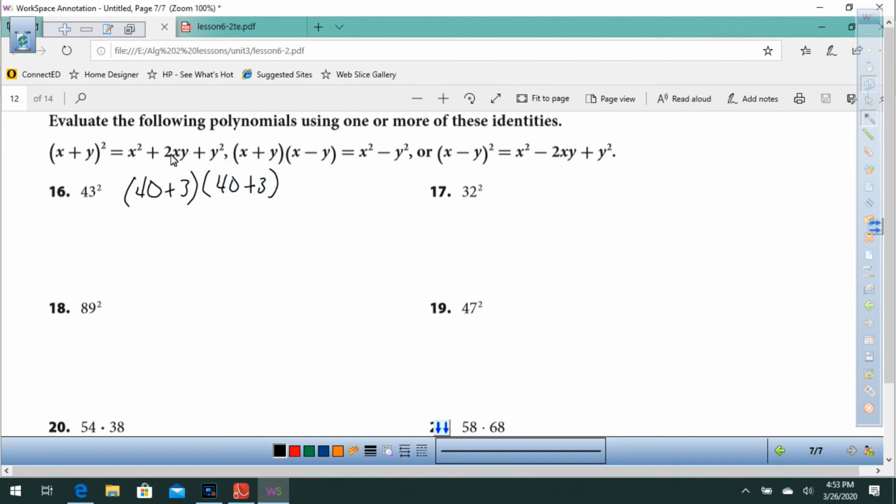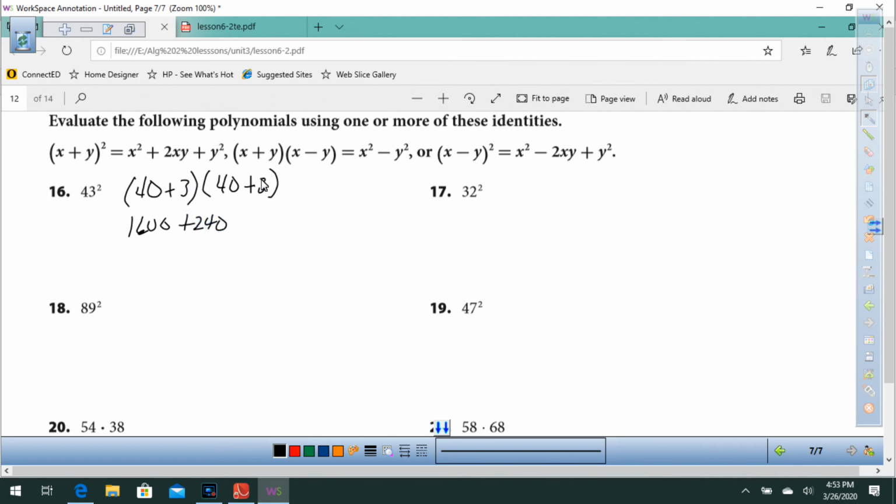All right, and let's see, which one am I doing? I'm doing this one right here. So x squared, 40 times 40 is 1600, 2xy. So let's see here, 40 times 3 is 120, times 2 is plus 240.